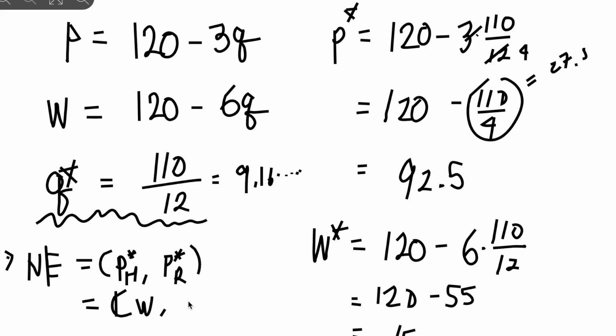And the price of the retailer is P, right? We're writing down W star and P star. So the Nash equilibrium in this case is $65 and $92.5, right? And the optimal quantity produced is 110 over 12, or 9.16.